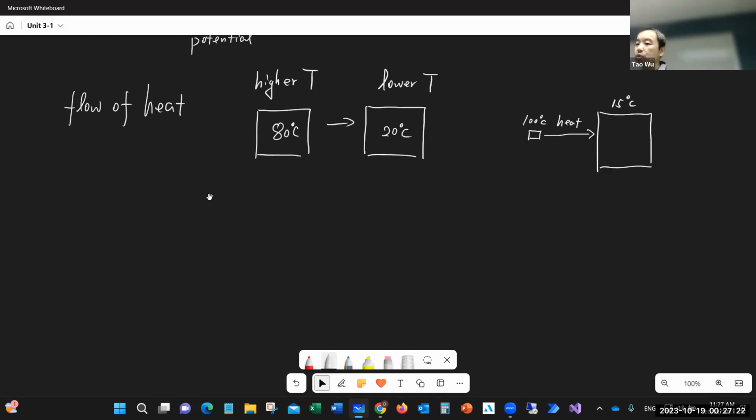All right, so generally that's the flow of the heat. That's why we're going to talk about one of the concepts here, called the endothermic and exothermic process.